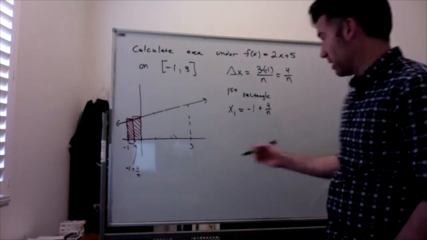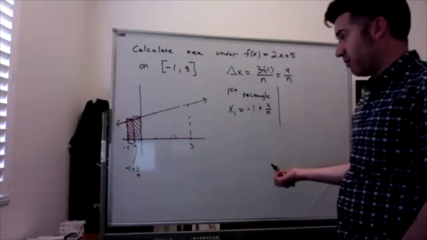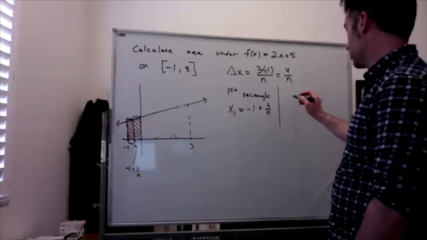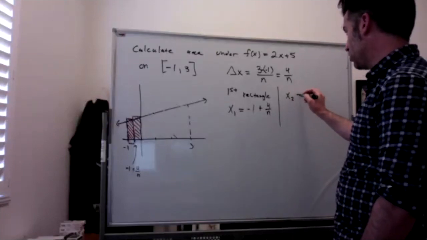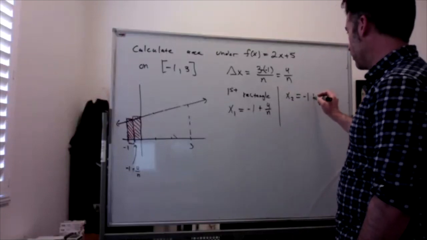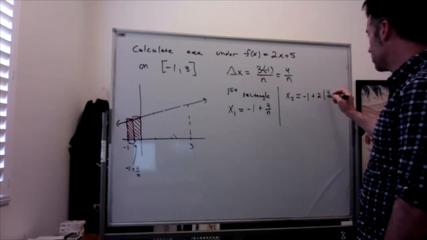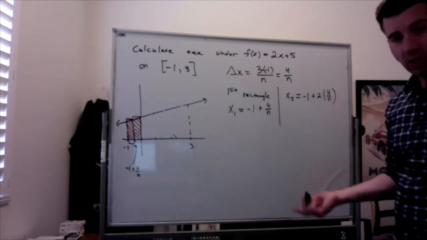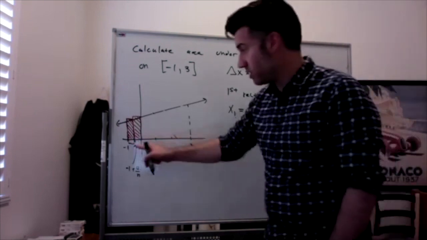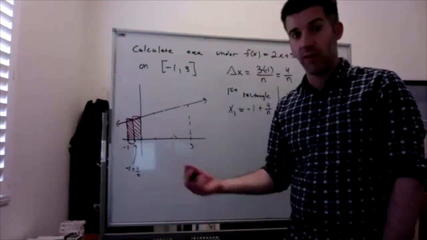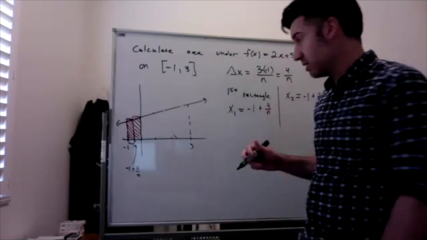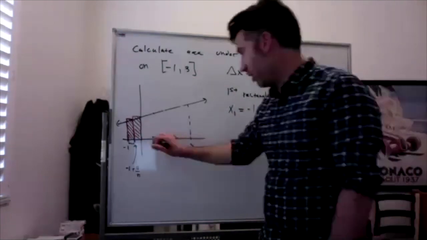For my second rectangle, the right endpoint that gives the overestimate would be x sub 2 equal to -1 plus 4/n twice. Essentially, every subsequent right endpoint, or endpoint that gives you an overestimate, is going to be another 4/n away.